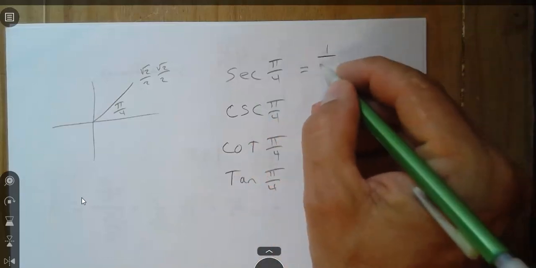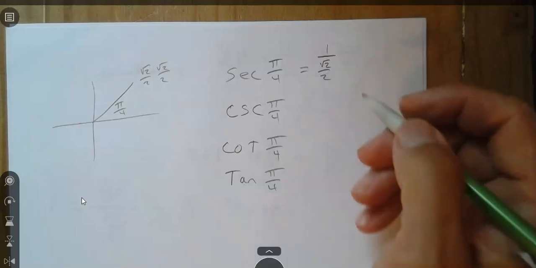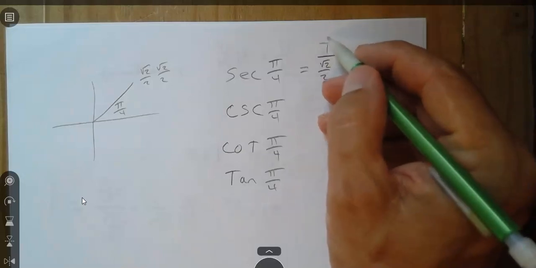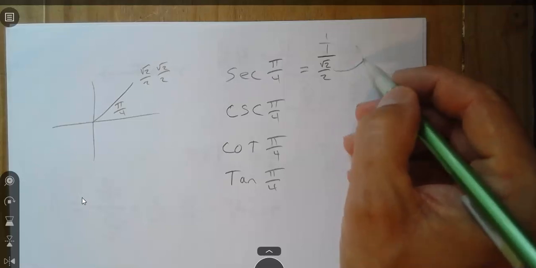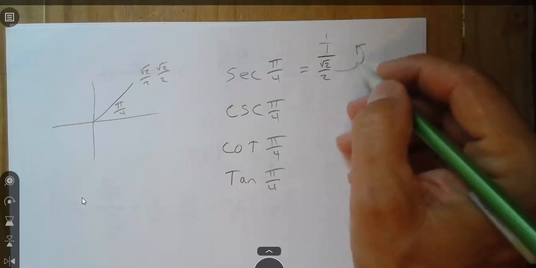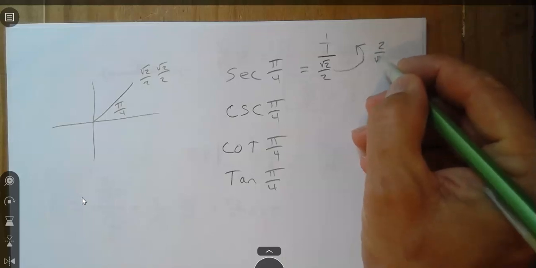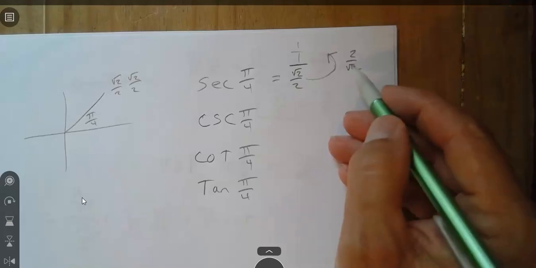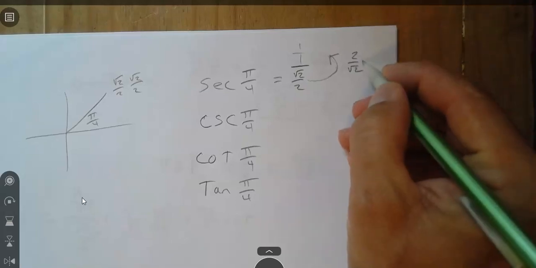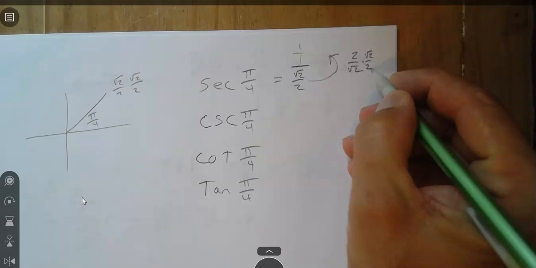So it'd be 1 over root 2 over 2. But when I have a fraction like this, it's 1 over 1 over root 2 over 2. I bring this up and flip it and multiply, so that would be 2 over root 2 times 1 over 1. Well, it can't have the square root as a denominator, so I'm going to multiply by root 2 over 2.